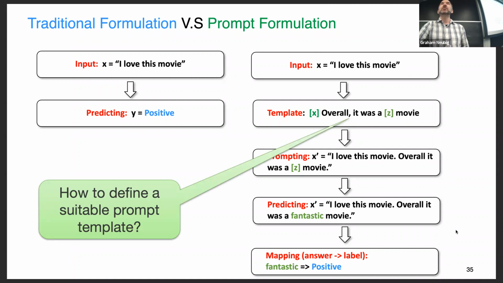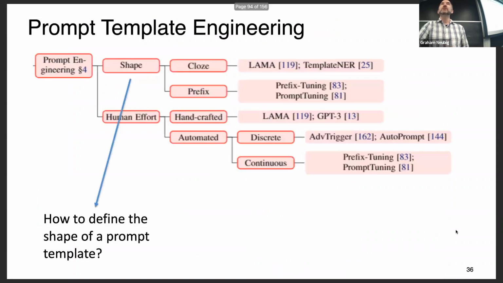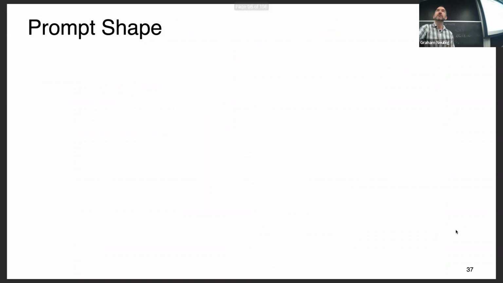So how do we define a suitable template? There's a bunch of different ways of doing this. The first thing we need to do is define the shape. And then once we define the shape of the prompt, or the total space of the prompts we will be considering, we have some way of finding appropriate prompt templates.